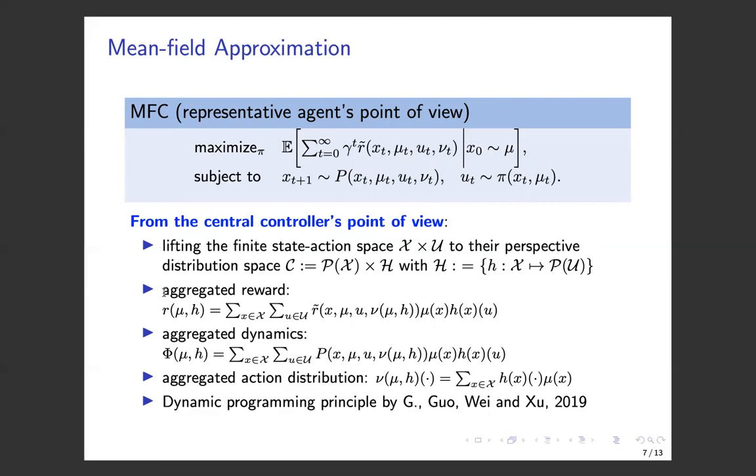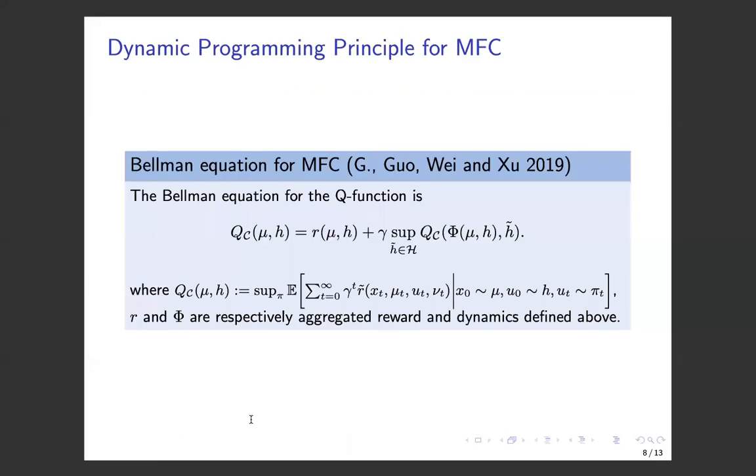At the same time, we need to aggregate the reward over the whole population as well as aggregating the dynamics. The dynamic programming principle in this case was studied in our previous work.